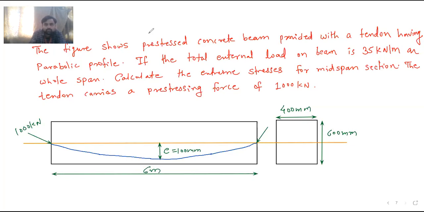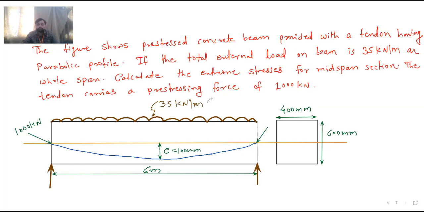Okay, this is the given diagram, and the load which is acting totally on the beam is 35 kilonewton per meter. So this is the given problem.